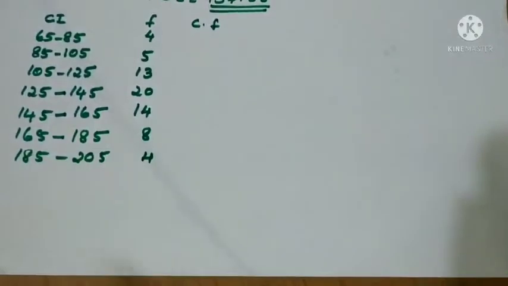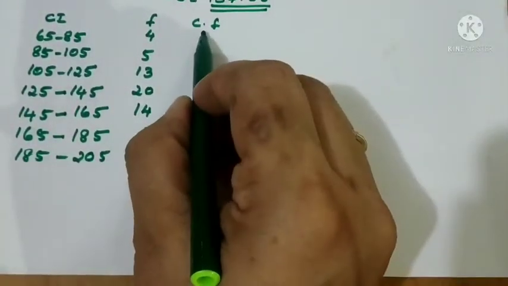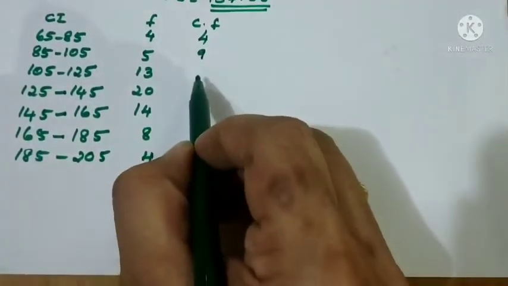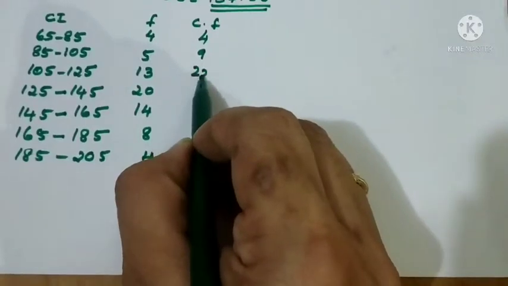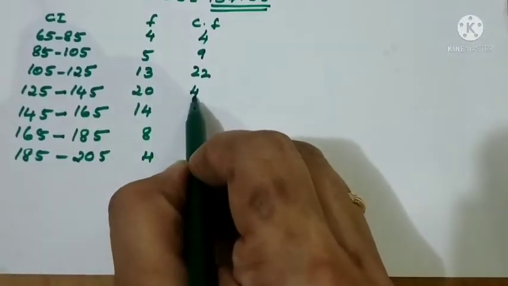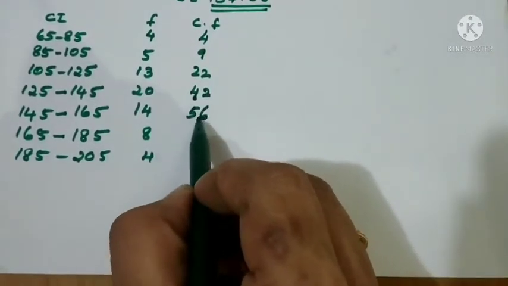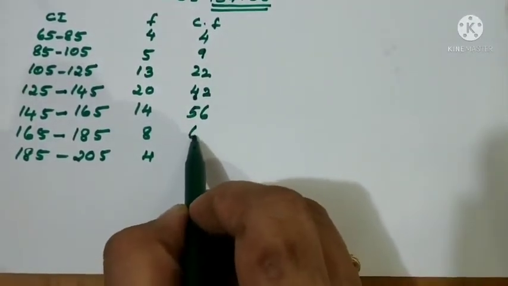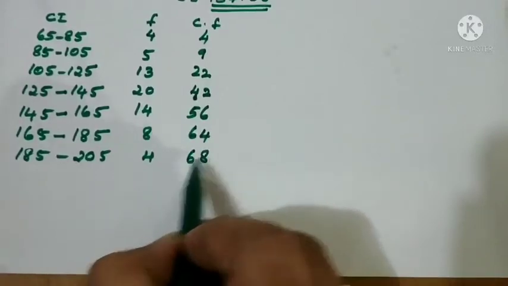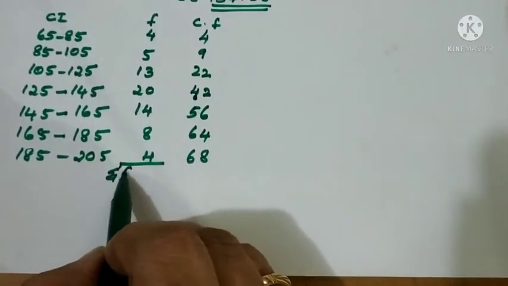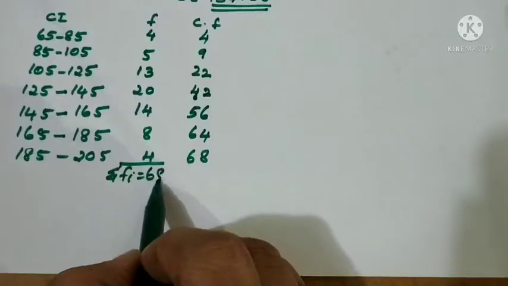If anybody wants to do mode, they can do mode also. f: 4, 9, 22, 42, 56, 64, 68. So if we check, we already did it in the case of mean, it is 68.